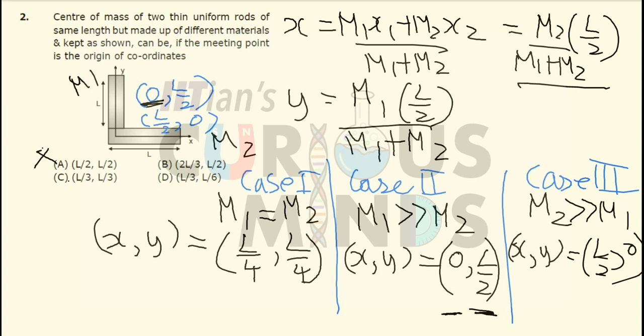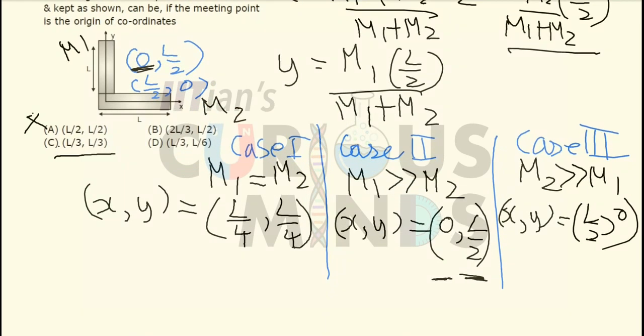If I consider the third option, that is C, L by 3 comma L by 3. Let us take the x coordinate for the time being, L by 3.